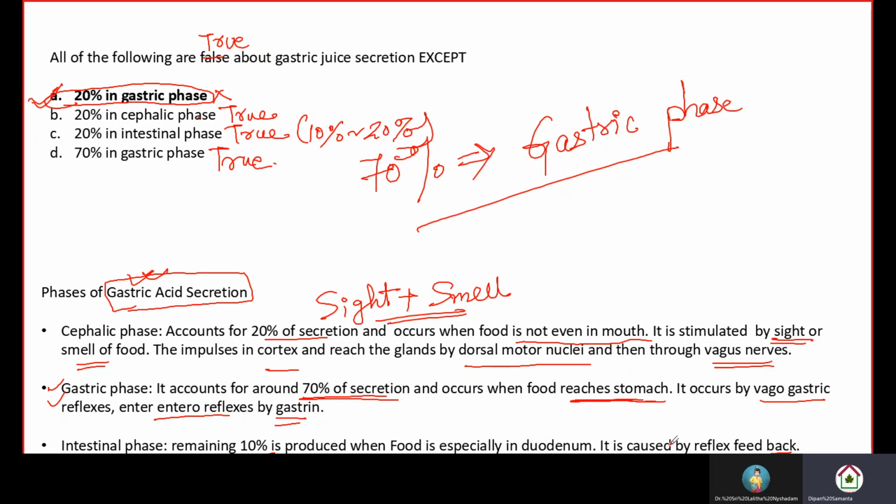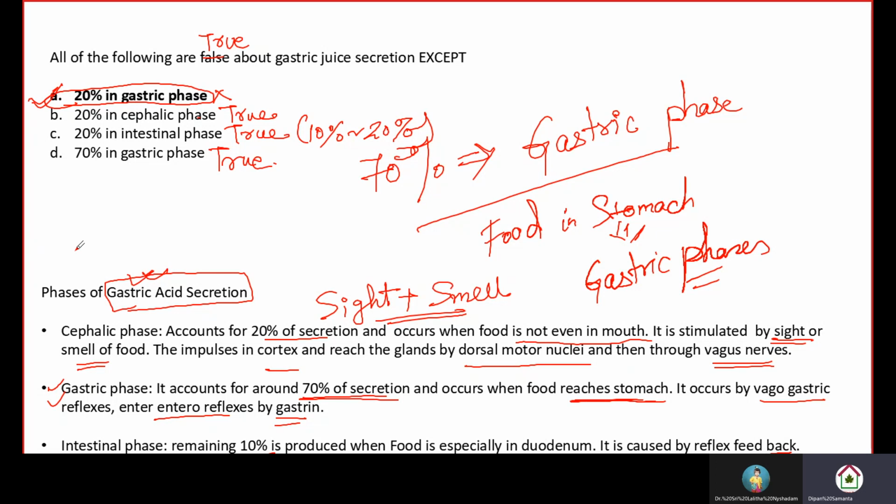And 10% of gastric acid is secreted at that time. So most of the gastric acid is secreted when the food reaches the stomach. Food in stomach means gastric phase. So these are the phases of HCl secretion and gastric juice secretion, other enzymes also, HCl plus other enzyme secretion. These are the phases of gastric secretions.